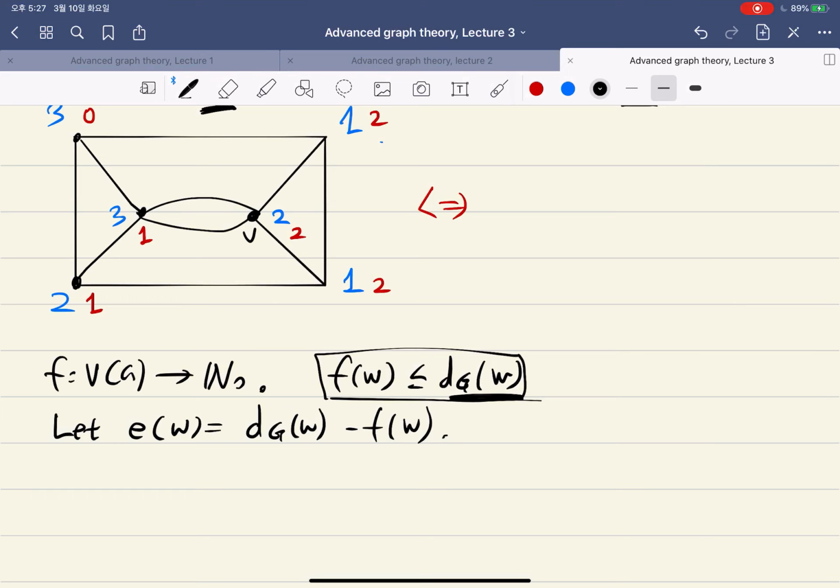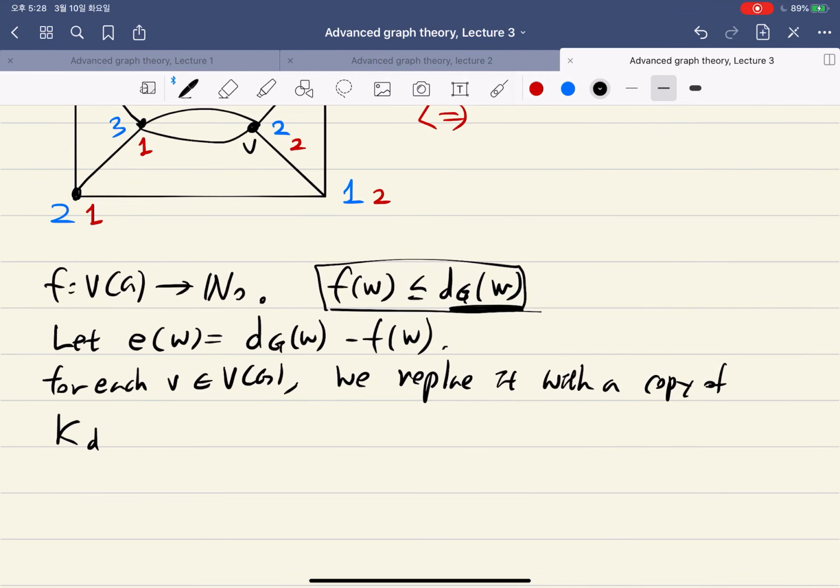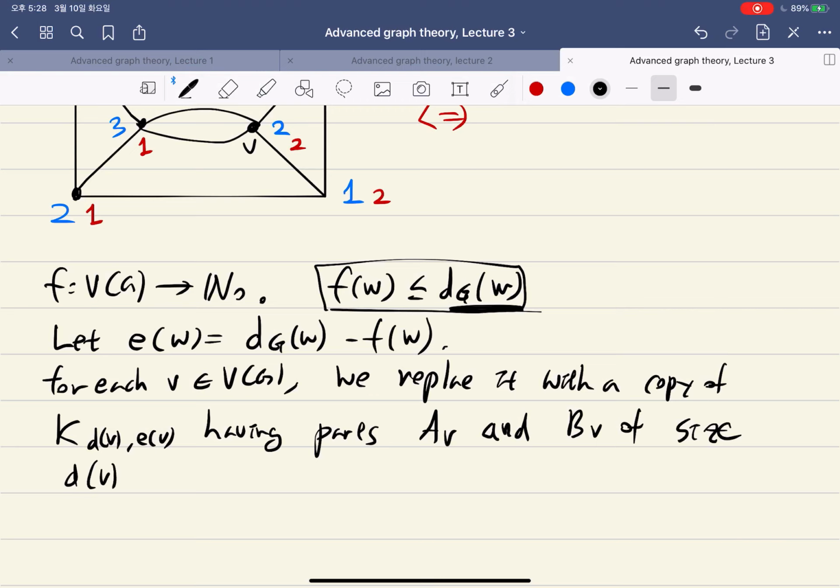So how do we do this? For each vertex v of G, we replace it with a copy of K degree, excess, a complete bipartite graph having parts A_v and B_v of size d(v) and e(v) respectively.